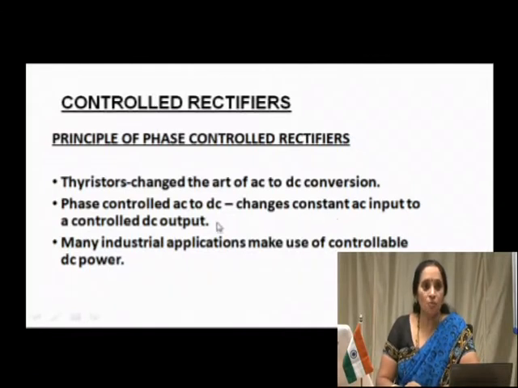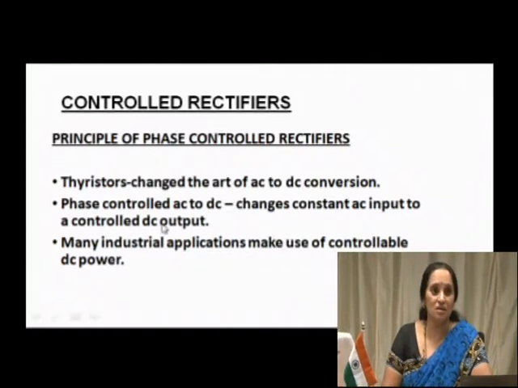But at the output I am going to get a controlled DC output, which can be varied in magnitude. It has no frequency because it is DC. It can be varied in magnitude by controlling the angle at which I trigger the thyristor.